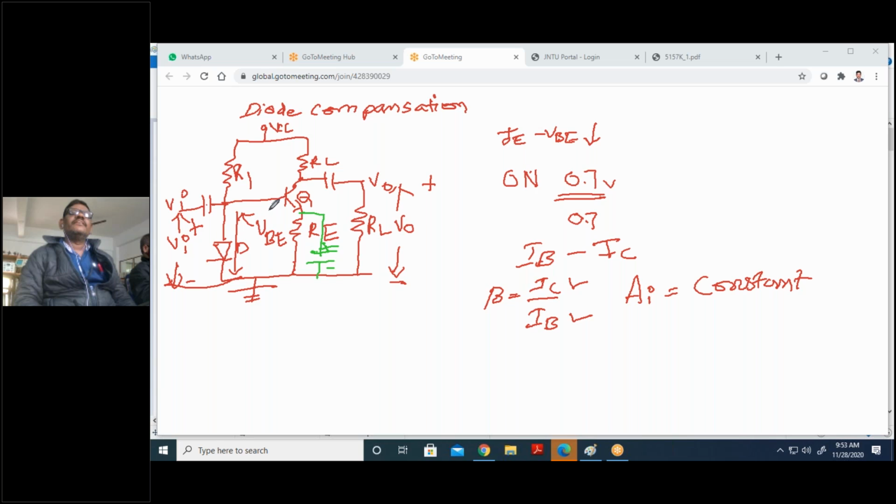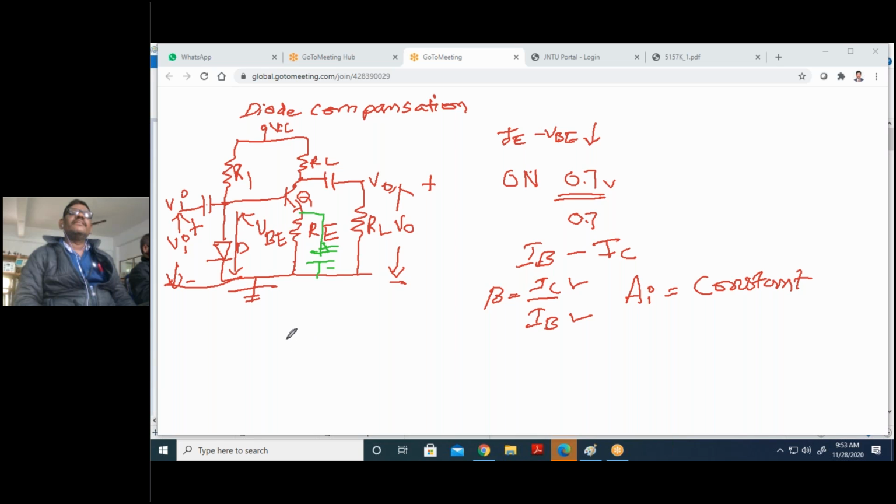If the current suddenly increases, the drop across RE also increases and VBE decreases. So that is the disadvantage. That's why we have connected one capacitor.